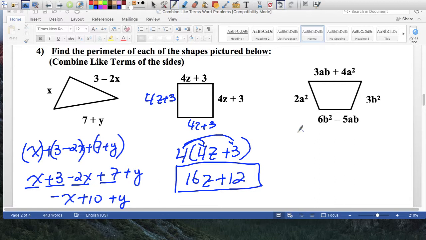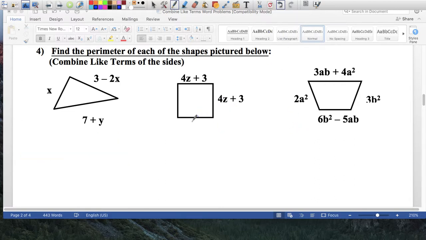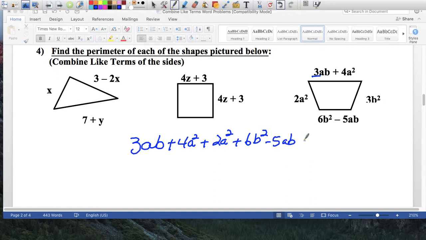Likewise, we're going to add here. So let me erase this because I need more room. So let me start here. We're going to add that side plus 2a squared plus 6b squared minus 5ab plus 3b squared. So we're going to add all those sides.